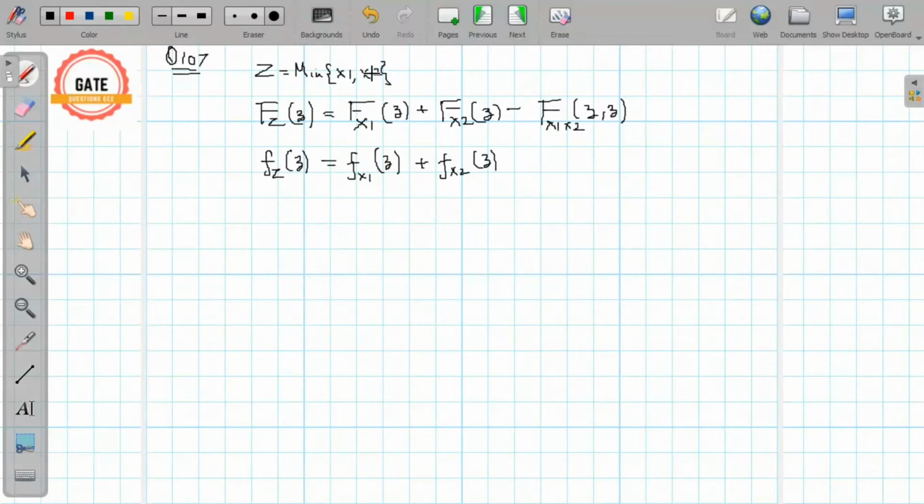And since x1 and x2 are independent, we can write this as product of marginal CDFs.